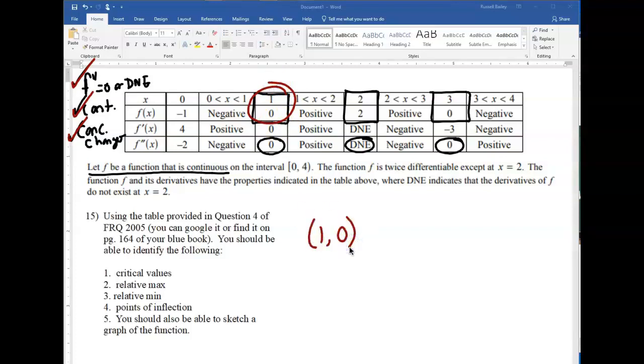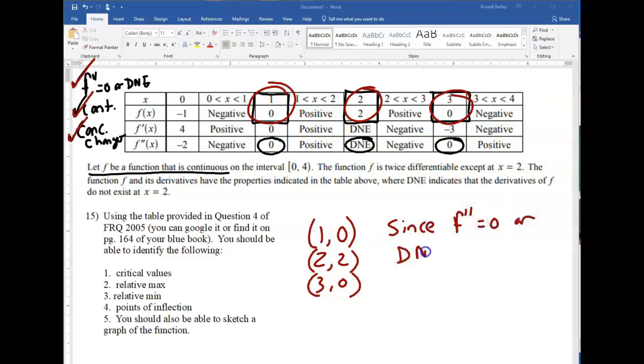The second point would be 2, 2. And the third point would be 3, 0. Since the second derivative equals 0 or does not exist and changes signs at that point.